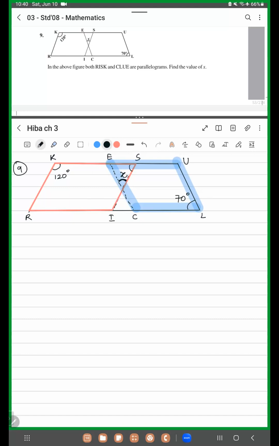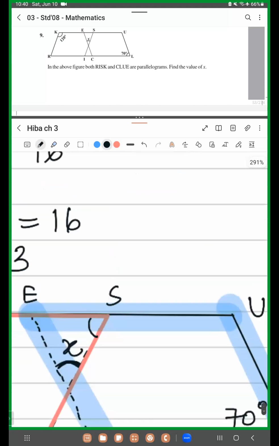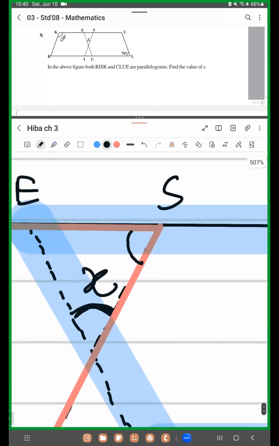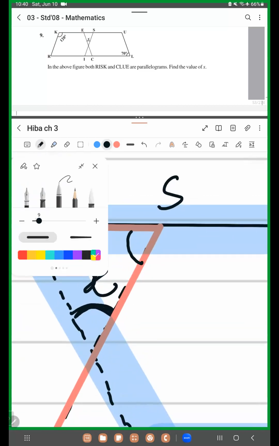We can name it. What do you want to name it? Q. We can name it Q.